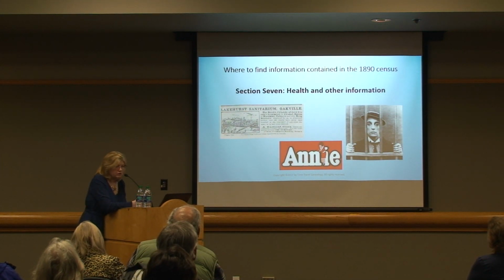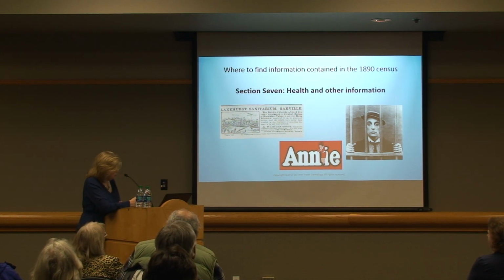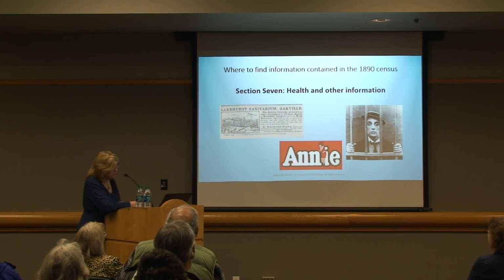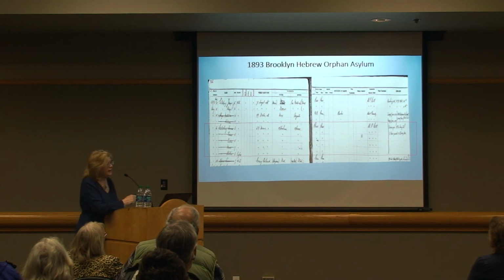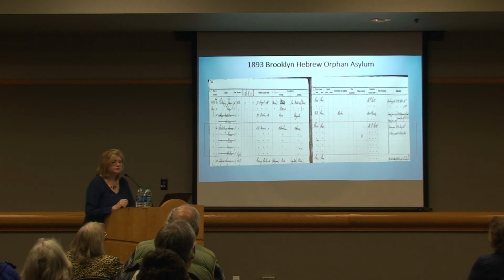The health information. One of the things that this particular census talked about was chronic illnesses and so on. You might be able to find information on your ancestor at sanitariums or asylums, orphanages, and also prison records. If you cannot find a child with their parents, you need to look in orphanages.